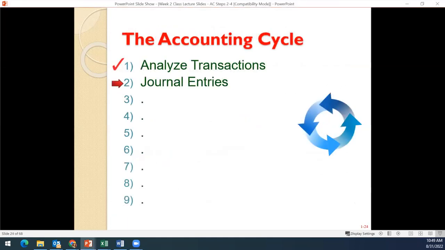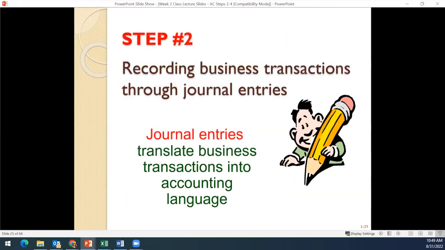So the way that we actually record transactions is through what we call journal entries. Again, step two is recording business transactions through journal entries.